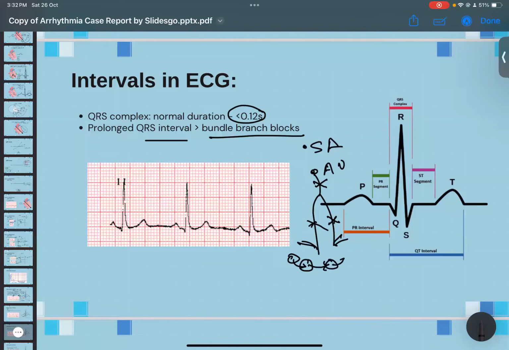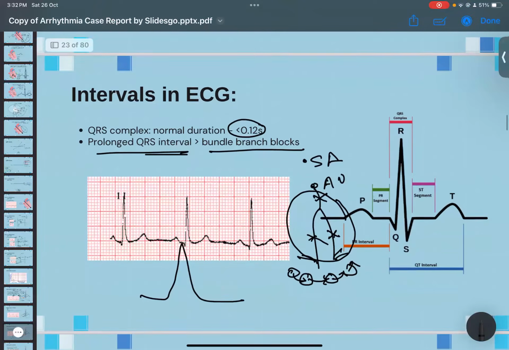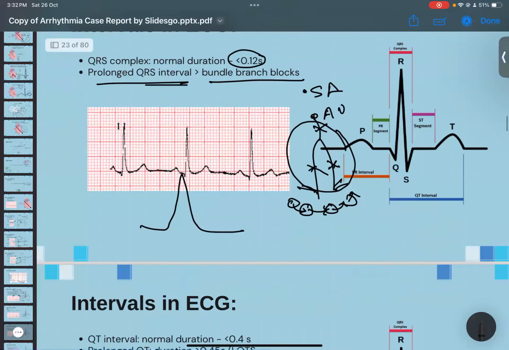And because these guys are damaged, it's obviously going to take a lot longer. And because it's going to take a lot longer, it's going to show up as a prolonged QRS interval, like a wide QRS. It's not going to be that thin. It's just going to be very wide, very big. So yeah, normally it should be less than 3 small boxes.